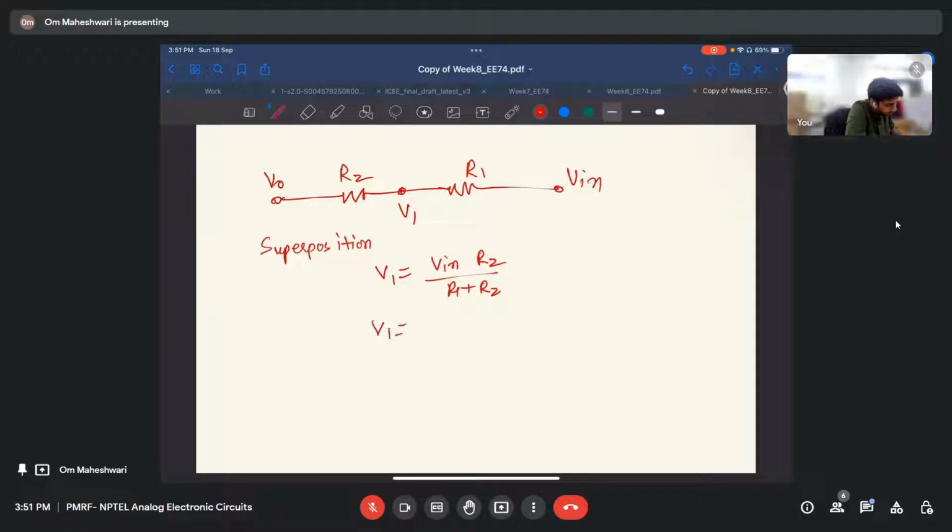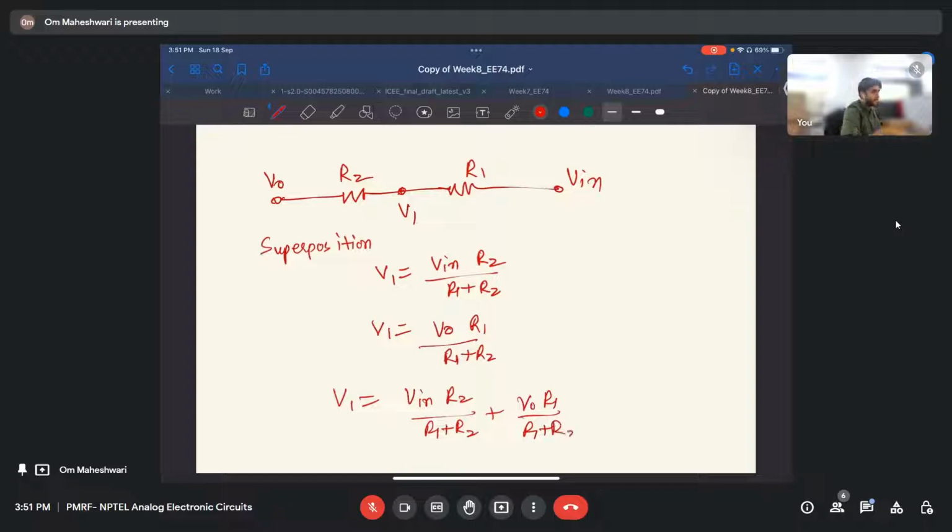Then V1 equals VO R1 by R1 plus R2. Then I'll just add both of them. Then V1 equals V in R2 by R1 plus R2 plus VO R1 by R1 plus R2.